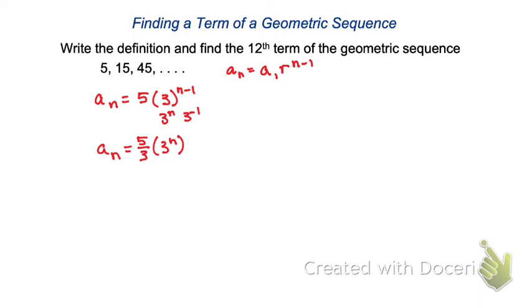So now I need to plug in what? 12. So I need a sub 12. So I have 5/3 times 3 to the 12th. So one of those reduces, yes? Anybody know 3 to the 11th? No, not me. Okay, on your test, you would leave it like that. You could figure it out if you had time.